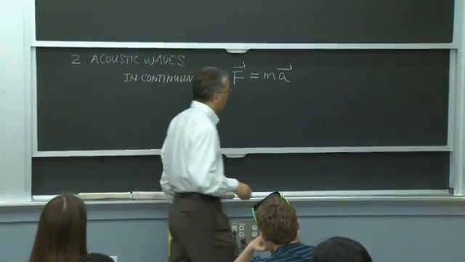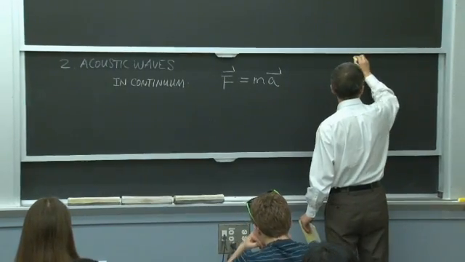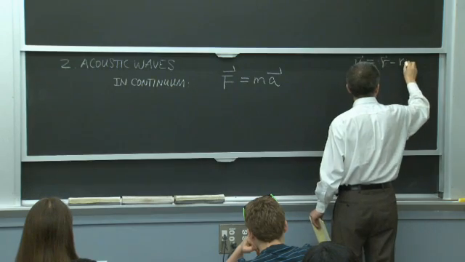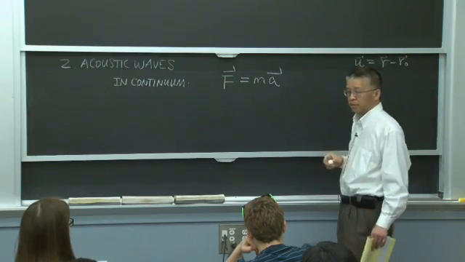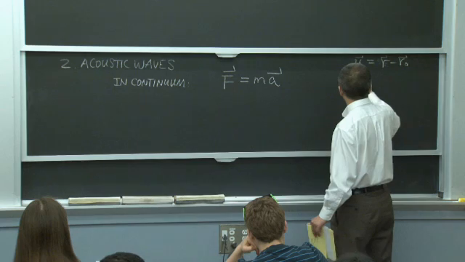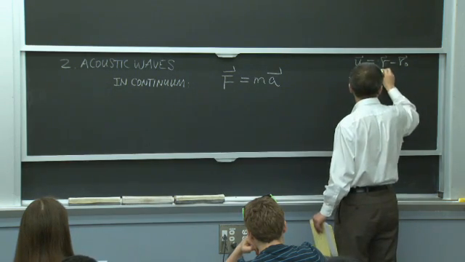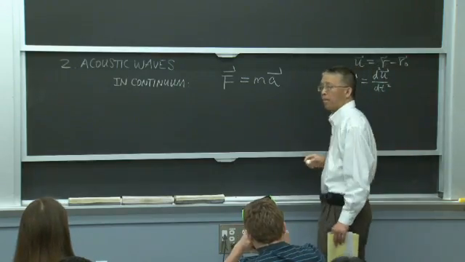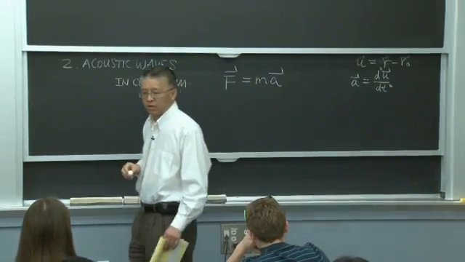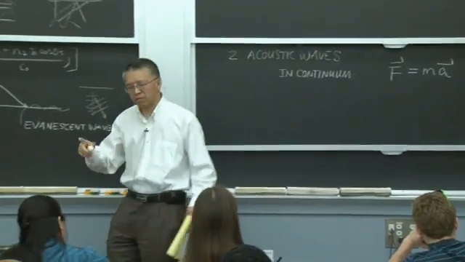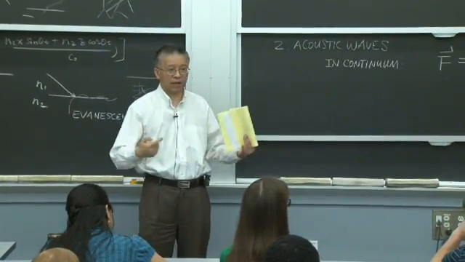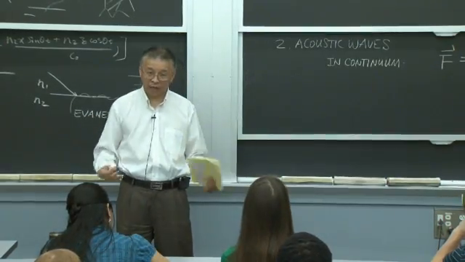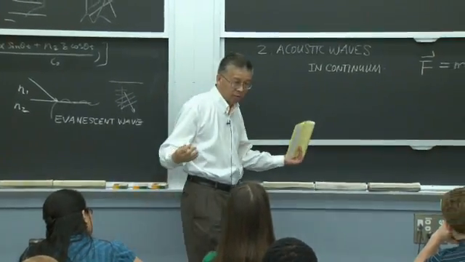So if displacement is r minus r0, the equilibrium position, then acceleration is just the second order derivative. Now you can try to relate both sides so that you get one equation for displacement or velocity of the material wave.